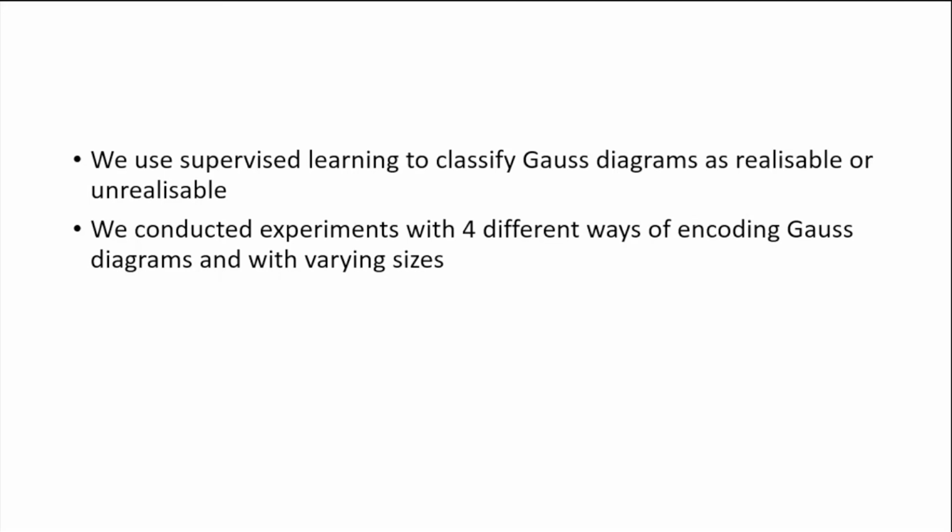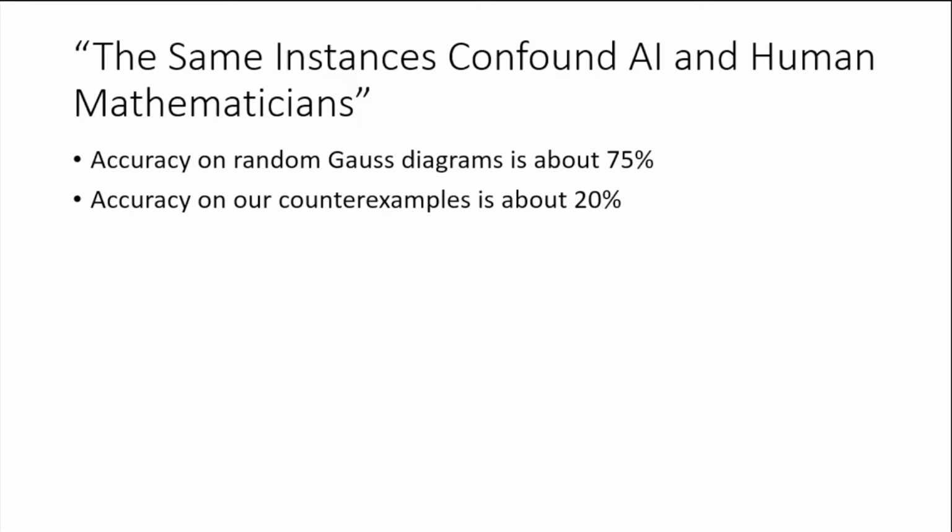In general, I would say that neural networks like binary matrices, so we represented Gauss diagrams in 4 different ways as binary matrices. And indeed, as we say in the title of our paper, the same instances confound artificial intelligence and human mathematicians.